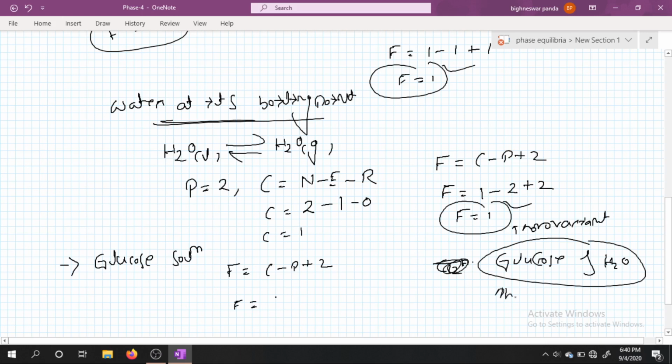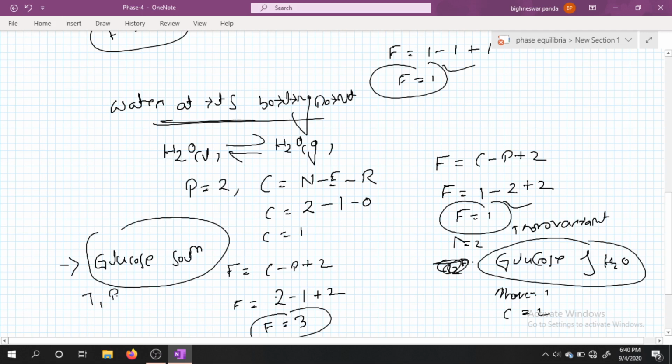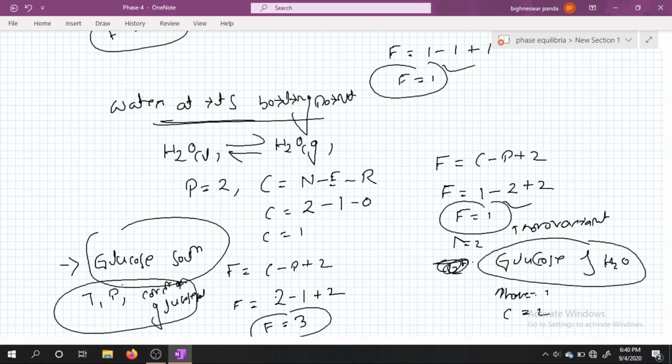So phase equal to 1, component equal to 2. So 2 minus 1 plus 2. That means in order to define this glucose solution, I need temperature and pressure, and apart from temperature and pressure, I need the concentration of glucose. So this is trivariant. So this is all about calculation of degree of freedom.